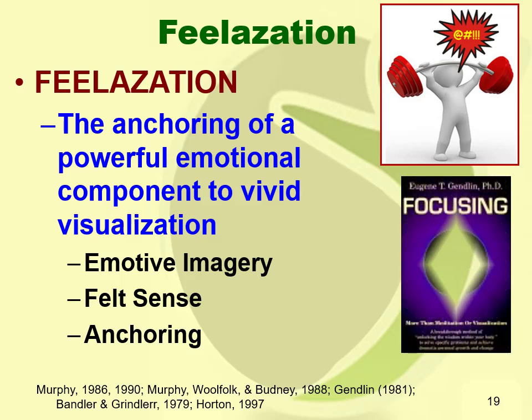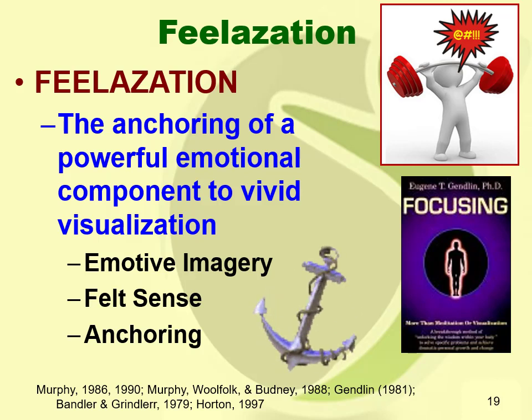And then we're going to look for a felt sense. Now, this comes out of Eugene Gendlin's work, focusing, where you feel that emotion in your body. You locate it. It may be in your gut. It could be in your chest or heart. It could be in your throat, maybe in your head, or it could be throughout your body. But you learn to become aware of where you feel the emotion. And then you anchor it.